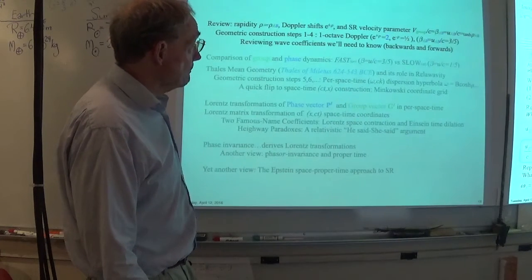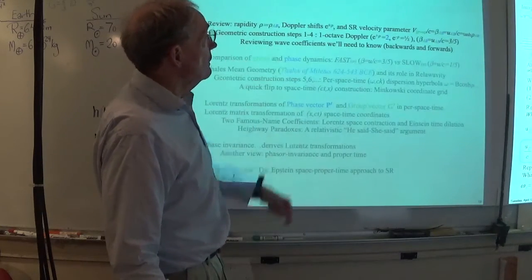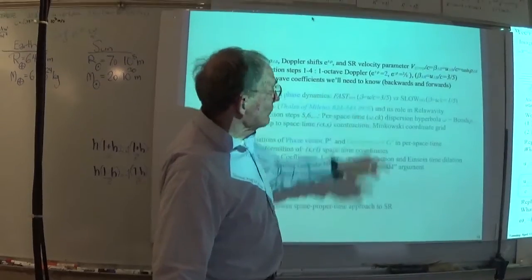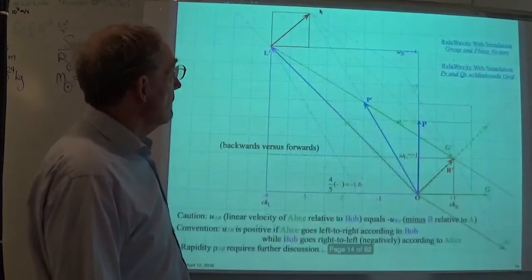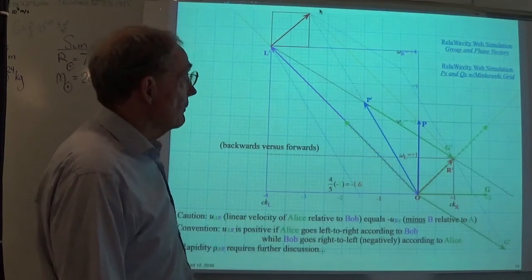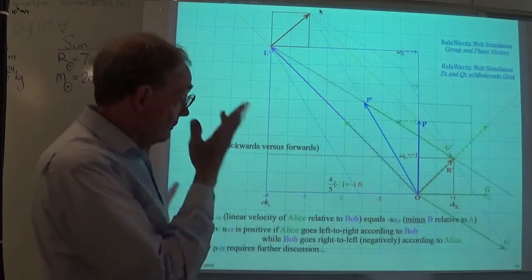Now, before we do any more construction, I want to actually show you an animation of fast and slow. We'll start with slow motion. And I also, and this is, I think, really important, the backwards and forwards of relativity.